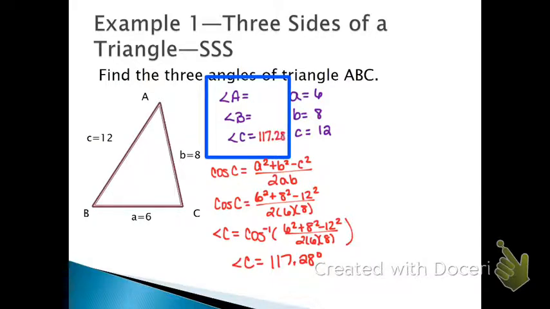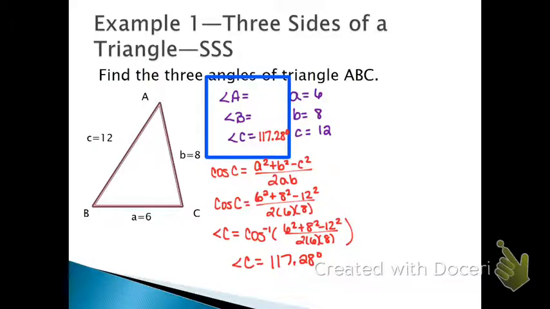Now what are we going to find? Alright, angle B. How are we going to find angle B? Cosine of B equals a squared plus c squared minus b squared over 2ac.